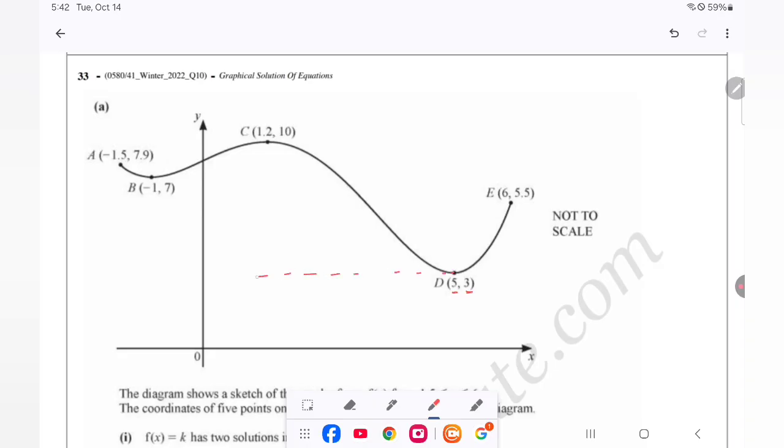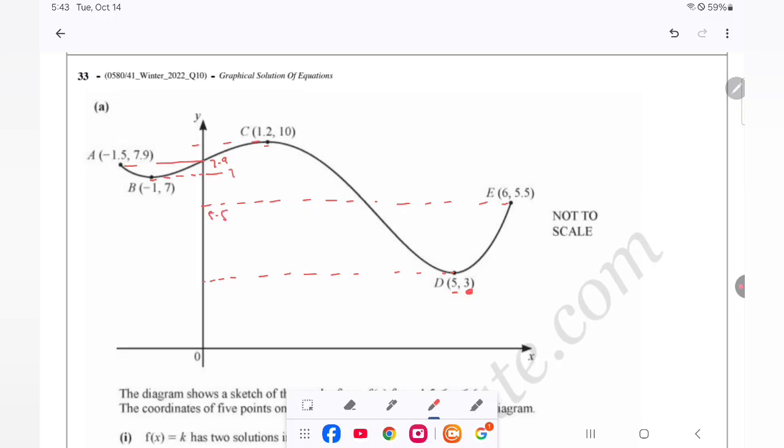If you extend it further, here y is 7.97, 5.5.